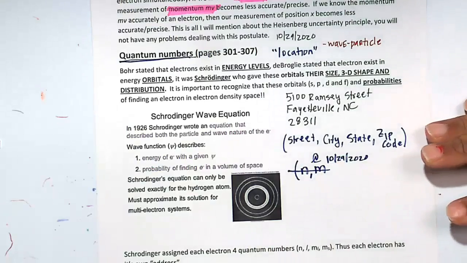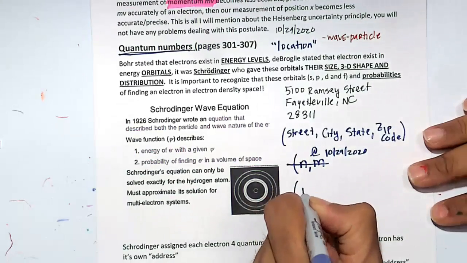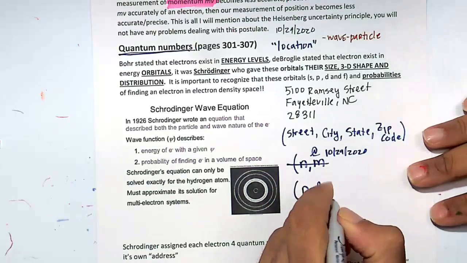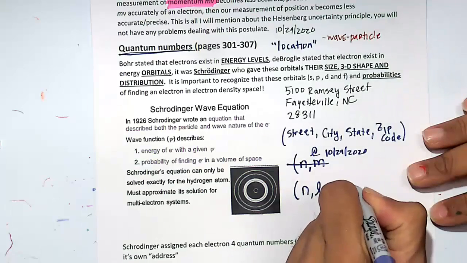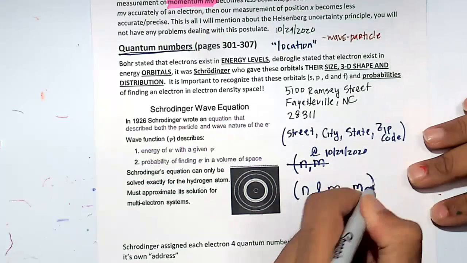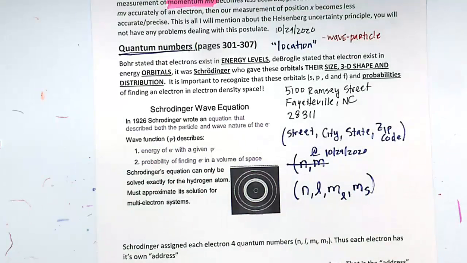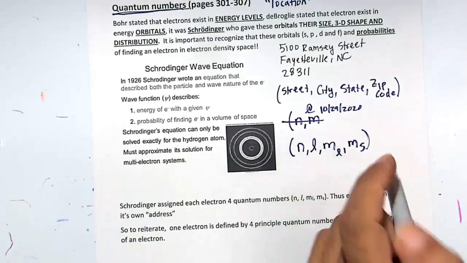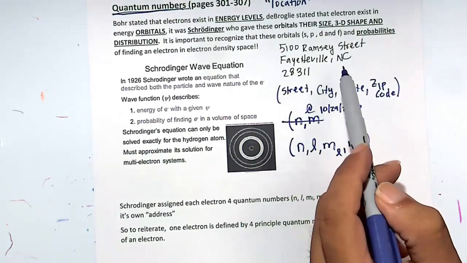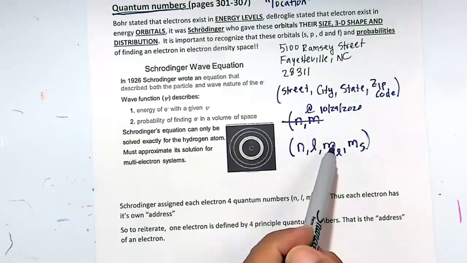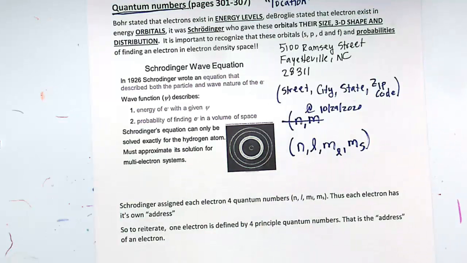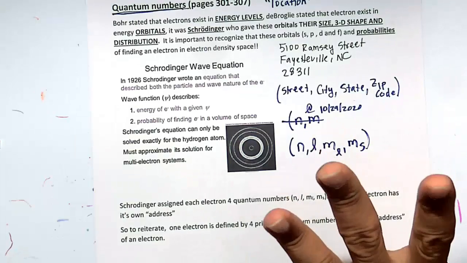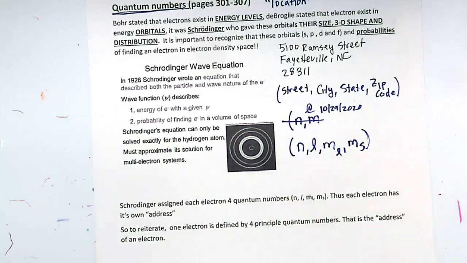The 4 numbers that determine the location of an electron are n, L, m sub L, and then m sub S. Like you gave me these 4 items, I got the address of the school. I should be able to give you these 4 numbers and you'll get the address of an electron, again, quote unquote.